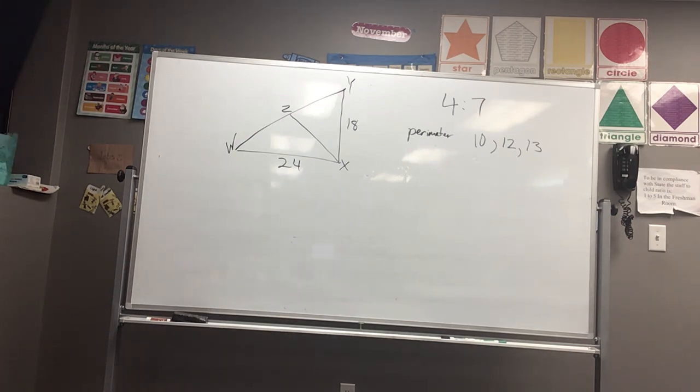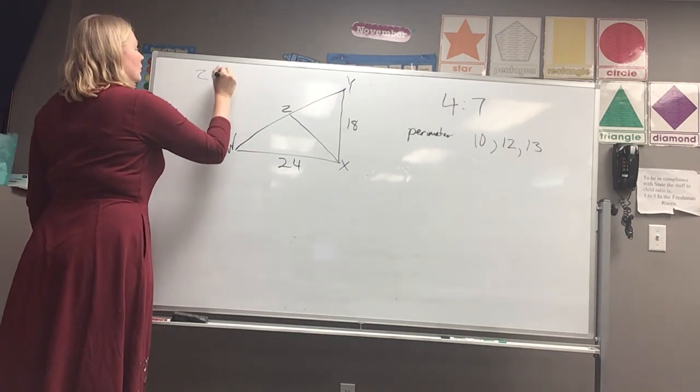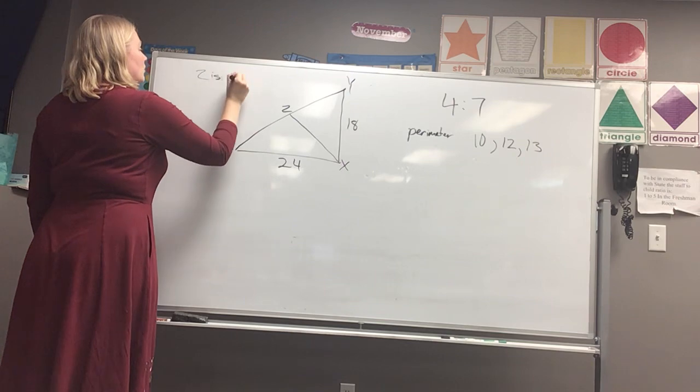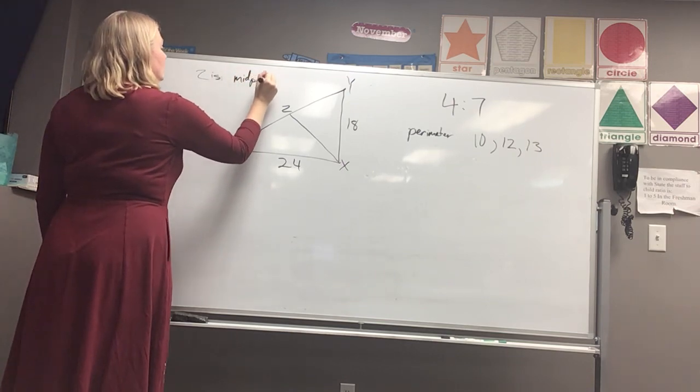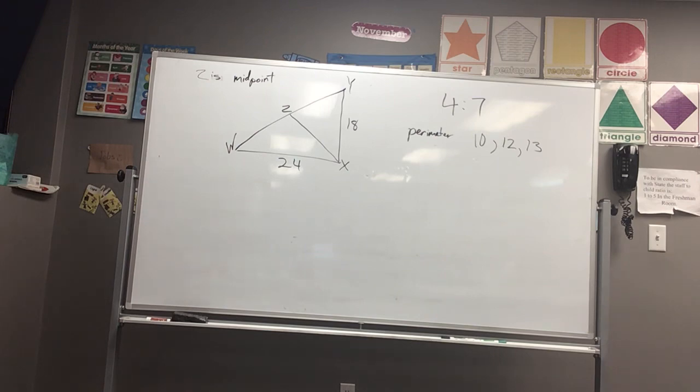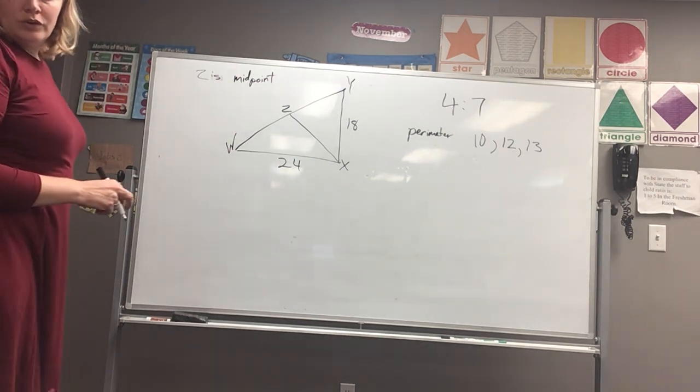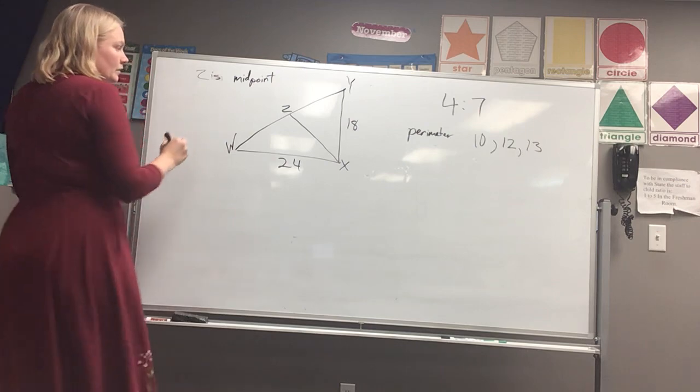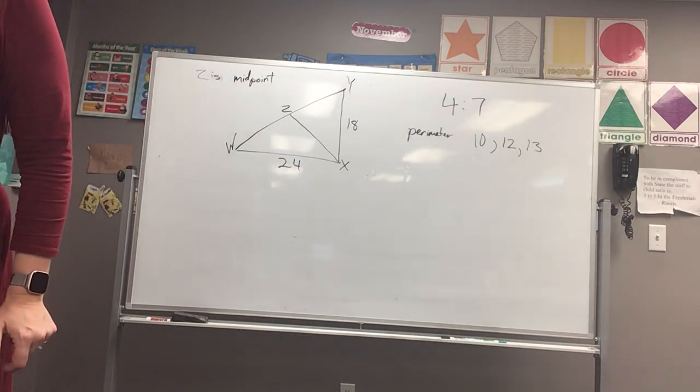So, number 4, this one is a little bit more difficult again, now that we've done some warm-up geometry type stuff. It says the figure below shows triangle WXY in which Z is the midpoint of WY, and WX is perpendicular to YX.